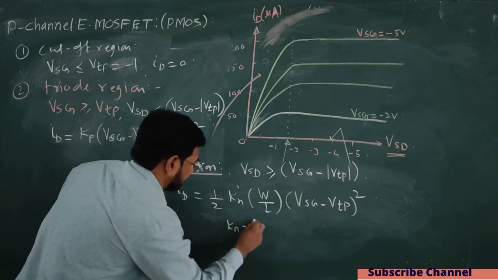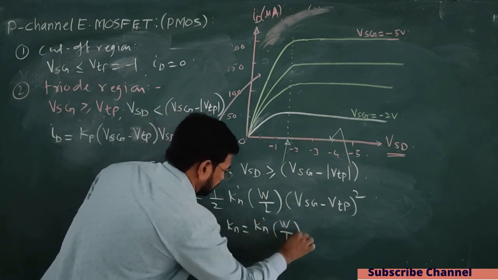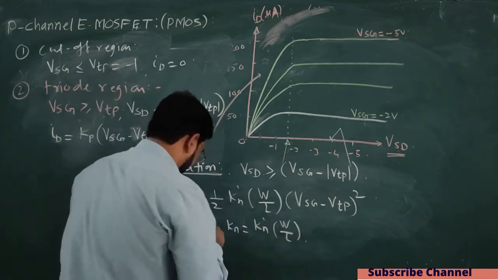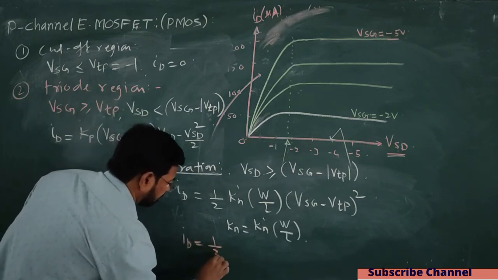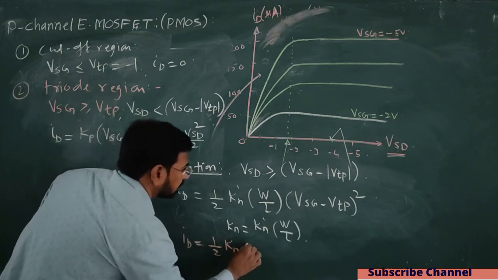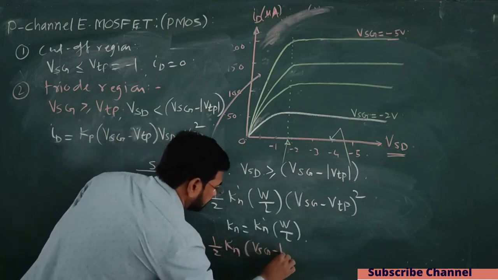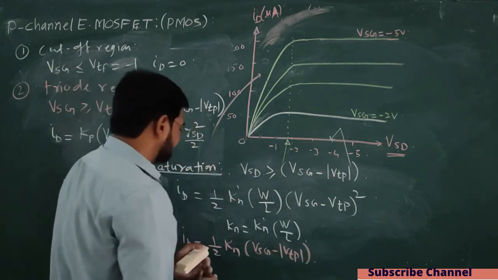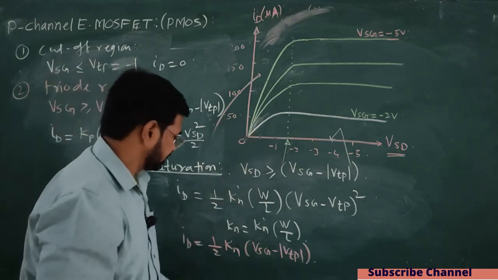Kn is equal to Kn dash times W by L. We can write this equation as ID equal to half Kn times (VSG minus mod of VTP) square. Okay. So, this is the drain current in saturation region.